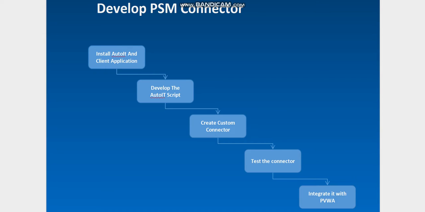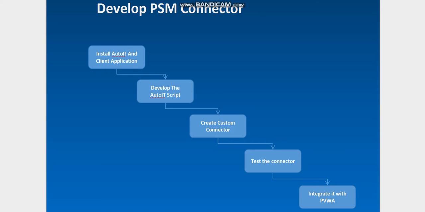So before developing a custom connector you need some prerequisites, right? What are those prerequisites? In the first step you need to install AutoIT. You can get it online. It's an open source tool, so you can download it from Google. And you need to have your client application.